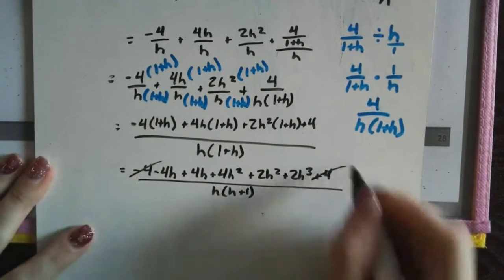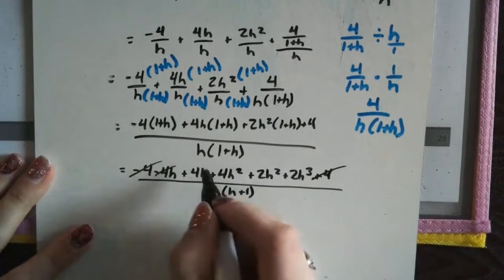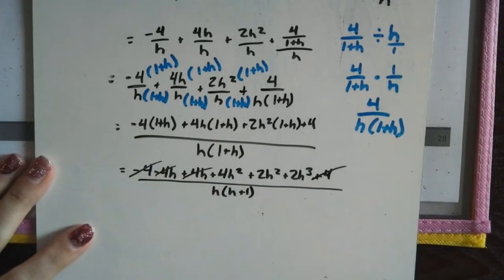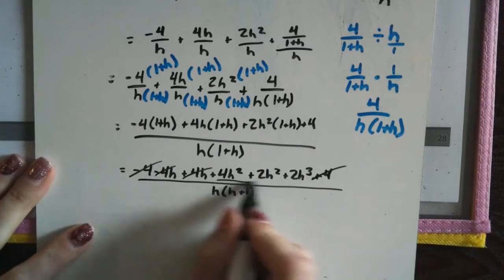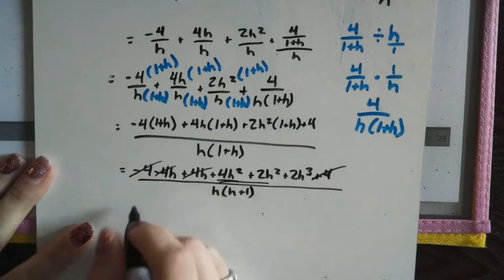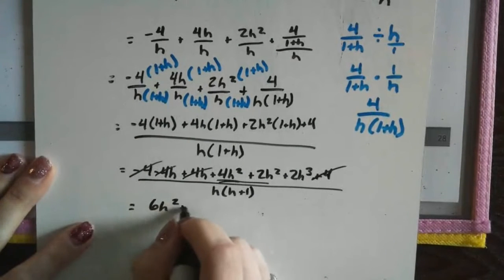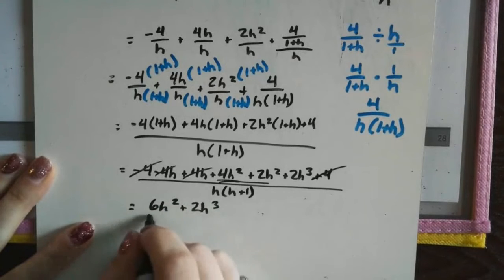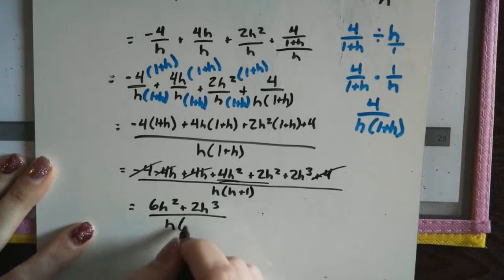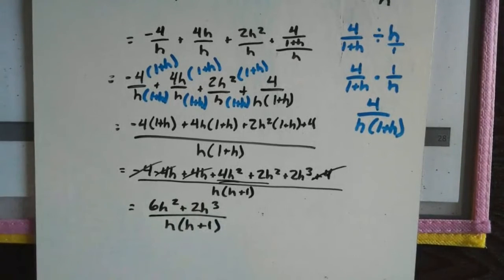But wait, I have a -4 and a plus 4, a minus 4h and a plus 4h. I also have 4h squared plus 2h squared, so those can combine to 6h squared plus my 2h cubed over h times h plus 1.